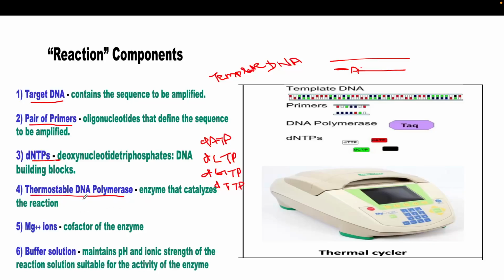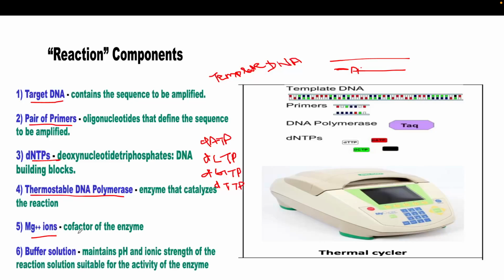Okay, so here we are taking the thermostable DNA polymerase because here we are proceeding our reaction at a very high temperature. Okay, so for separating this DNA strand we require very high temperature. That's why here we require the thermostable DNA enzyme, so that it can efficiently work. Okay, then apart from that you require magnesium ions.